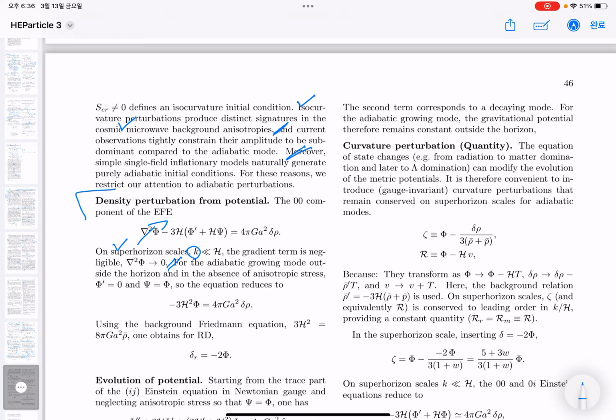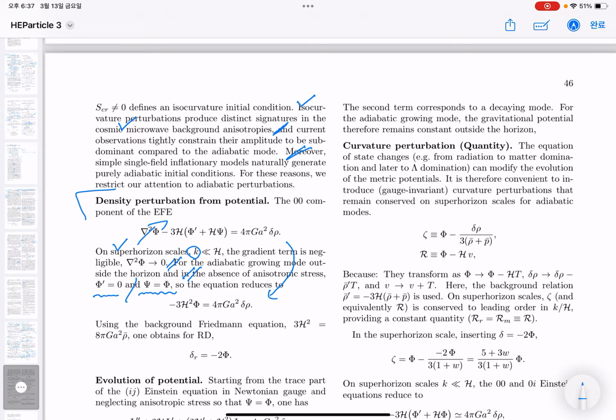Also we will set the anisotropic stress to zero, so Ψ and Φ are the same. And during the superhorizon limit, Φ prime is almost static. So this 00 component equation exists in the following form.